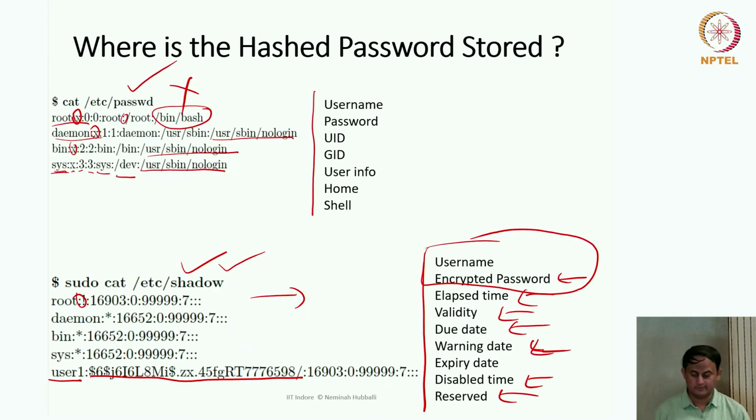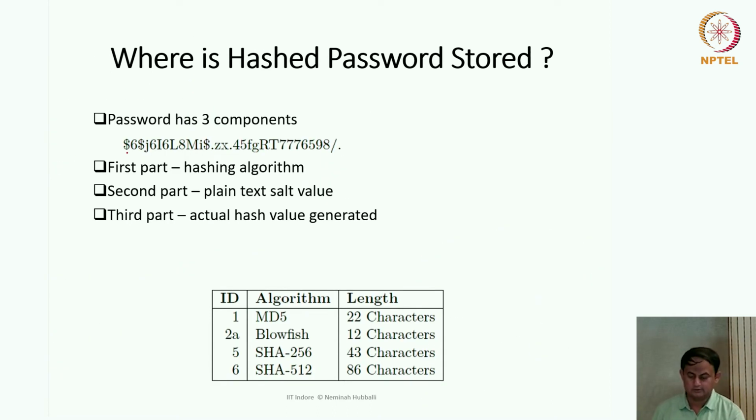Each one is separated by this dollar symbol. Whatever is between this dollar symbol and this one is one component, the second component is between this dollar symbol and this one, and then the third component is from here to here. So the interpretation goes like this. The first part is an index to the kind of hashing algorithm that is used.